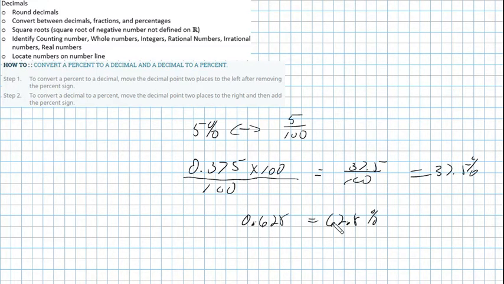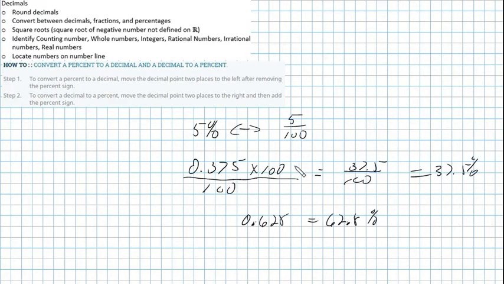So why does this work? Why does moving 2 decimal places to the right give us the answer as a percentage? Because by moving this point 2 places to the right, what I have done in effect is multiplied it by 100, and then putting the percentage sign is like dividing it by 100. You see it? So when I move this 2 places to the right and put a percentage sign, what I have done is multiplied it by 100 and divided it by 100.